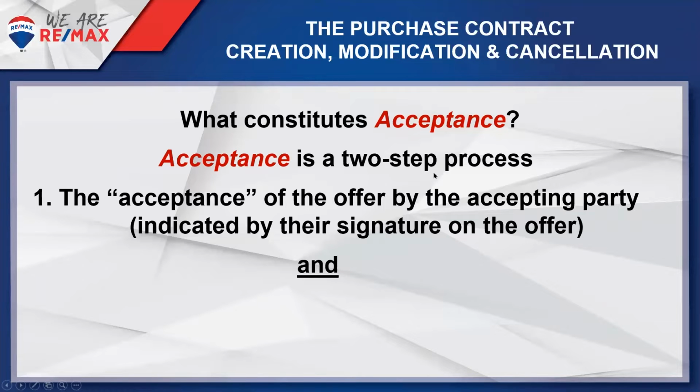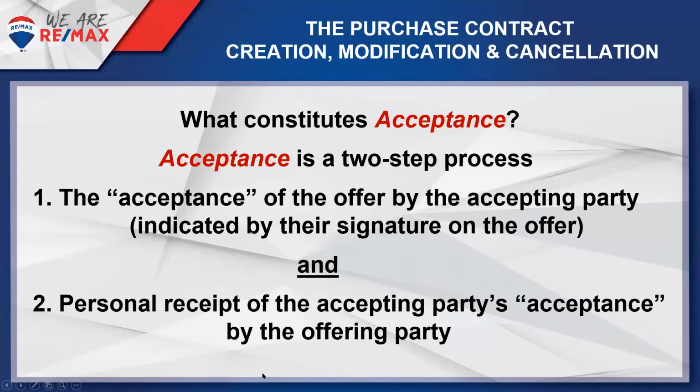And you don't have real acceptance or enforceable acceptance without part two. Part two is the personal receipt of the accepting party's acceptance, their signature on the document usually, by the offering party. So in an RPA, the way that would work without a counter is if the buyer writes an offer that the seller accepts, then the seller is the accepting party.